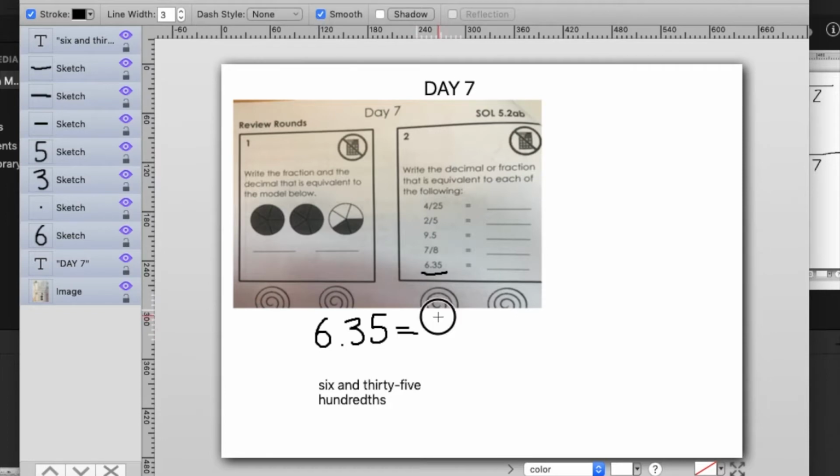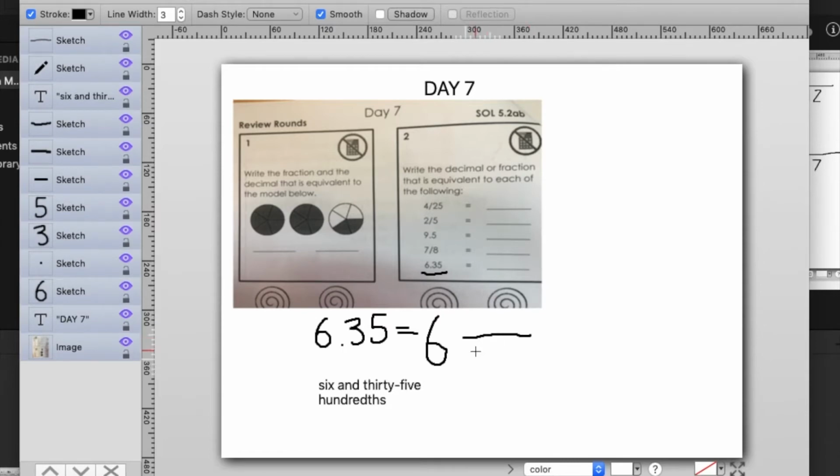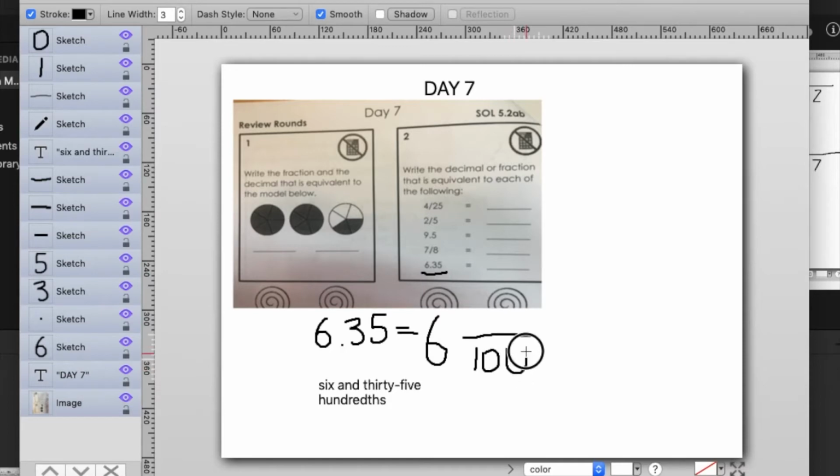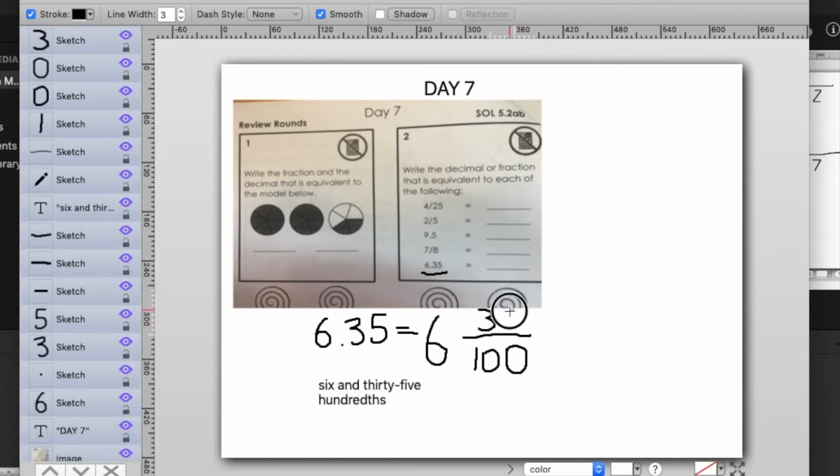Well, I know my whole number is 6. And then 35 hundredths. Well, hundredths goes in my denominator. And 35 would go in my numerator. So I have now turned this decimal into a fraction. But I'm not done. Why am I not done? You are correct. We have to simplify.